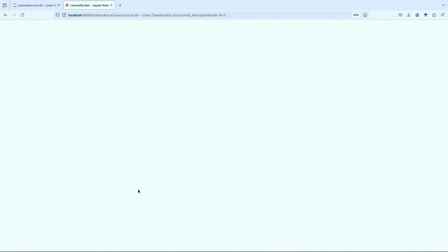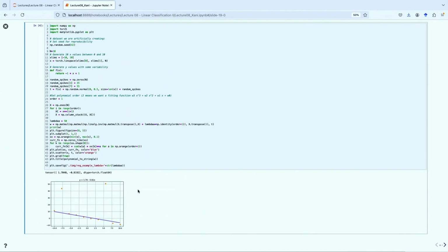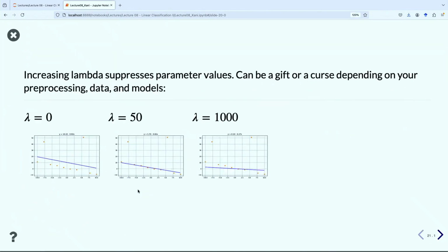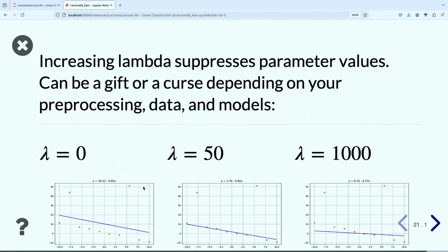The only issue is that if you go too nuts with this, then the L2 regularization becomes the primary component of the loss. And what happens there? You just get a flat line, right? So that's not ideal either. In fact, it's very much not ideal. So just something to think about.